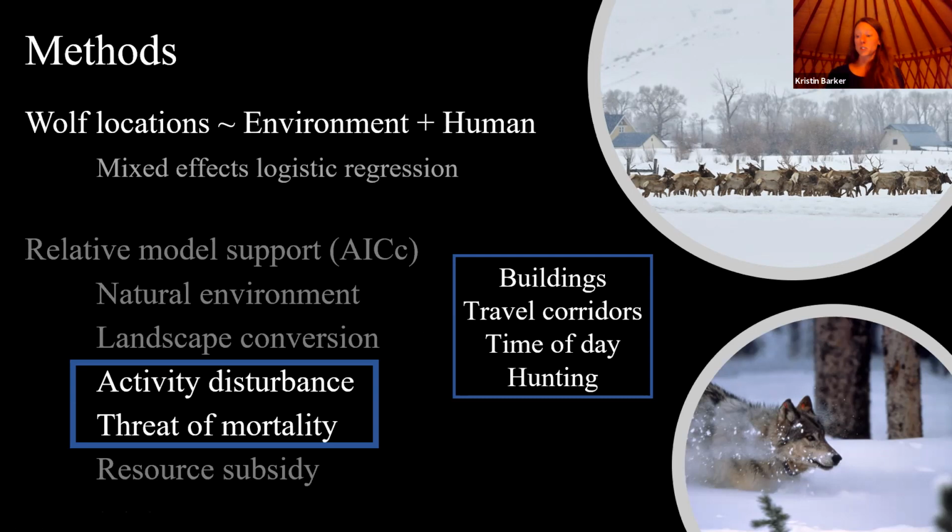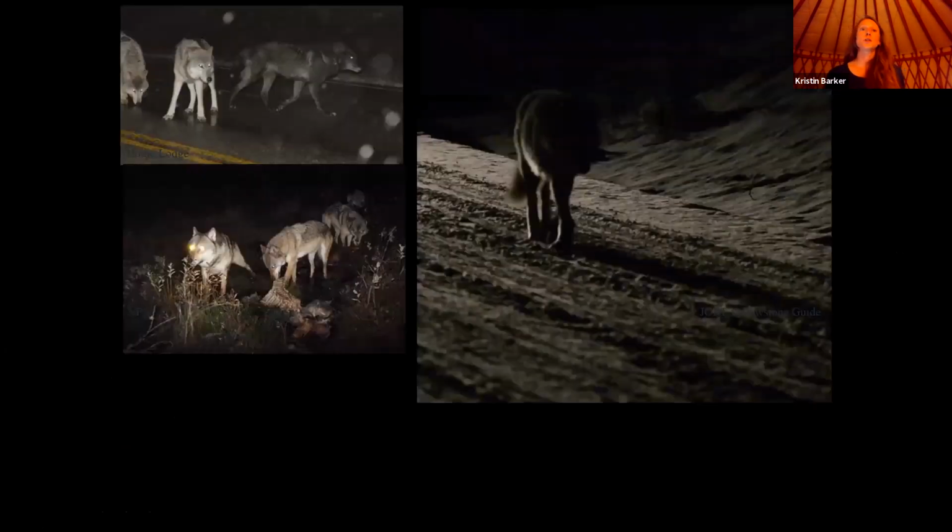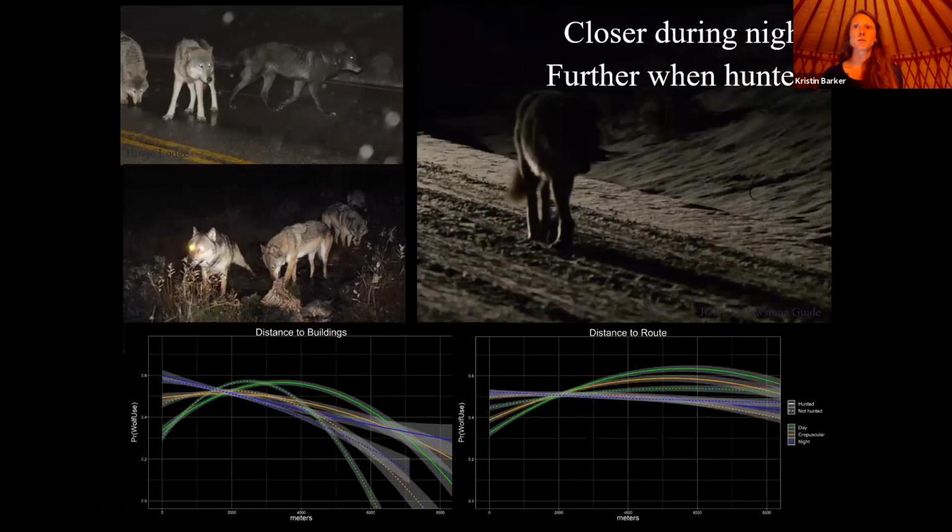In a very small nutshell, wolves appear to be able to alter their behavior to still use human areas, specifically by moving closer to human areas when humans are least active and when humans are least directly threatening to them.